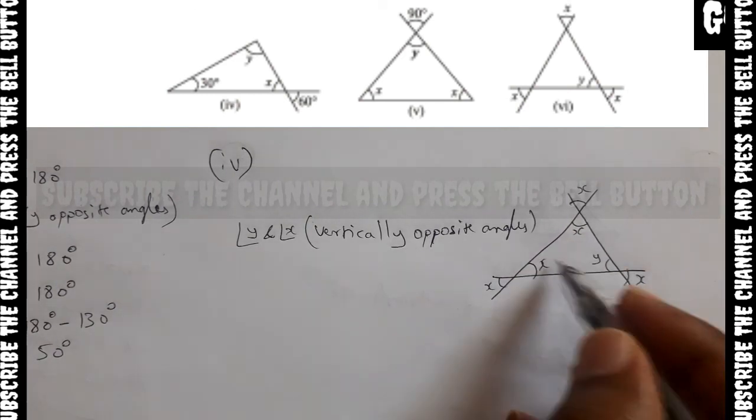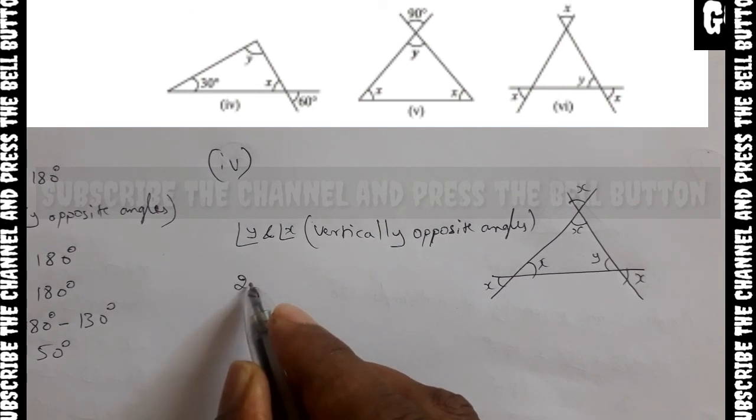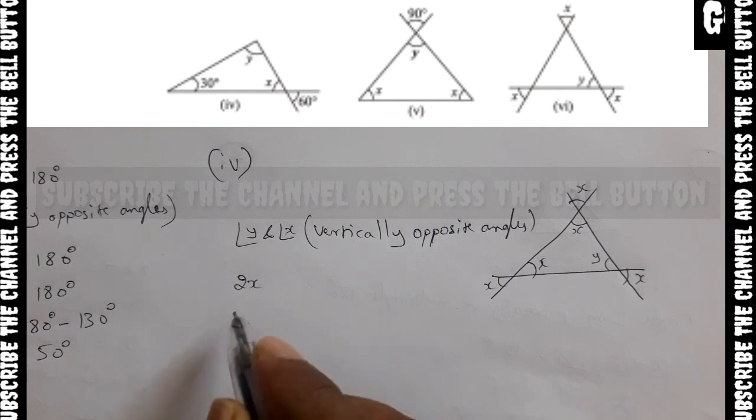That means inside we are finding 2x. How is 2x coming?